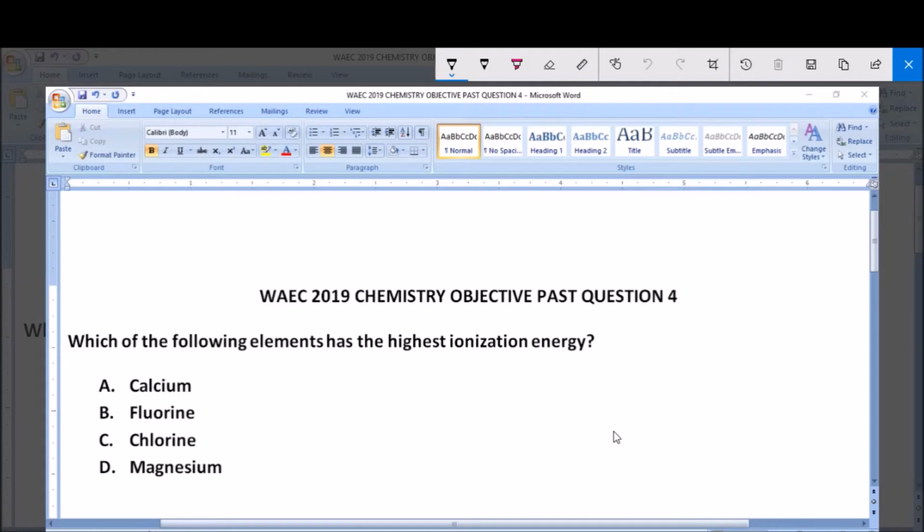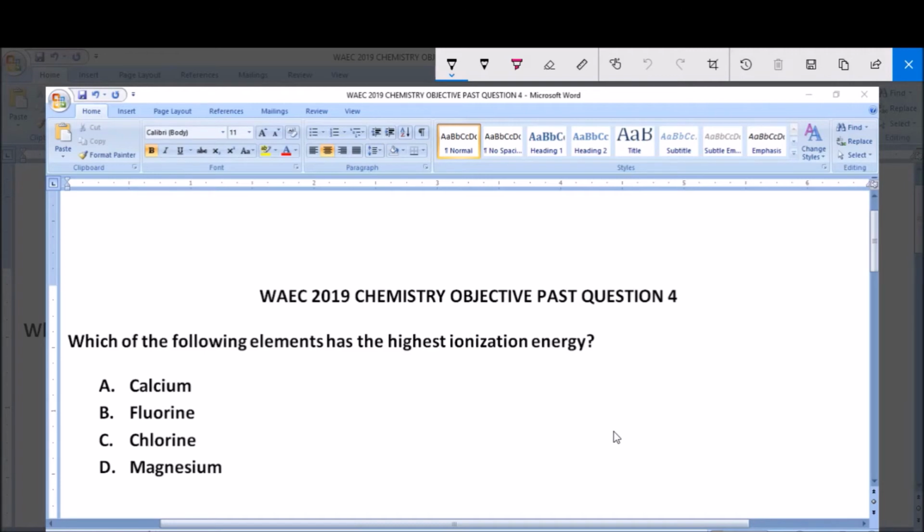So what I just said, in simpler terms, means that an electropositive atom or an atom of a metal is much more likely to lose electrons than much more electronegative atoms.